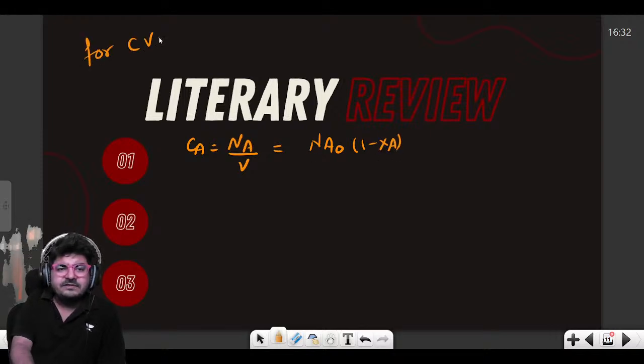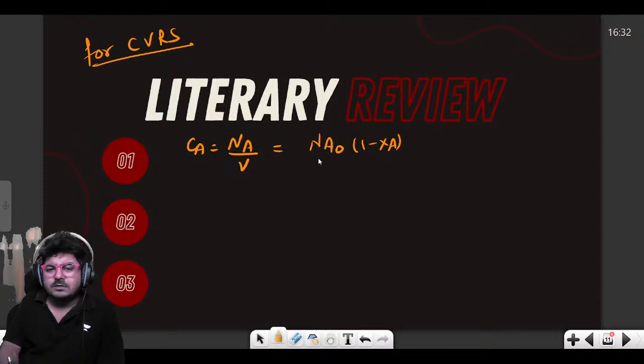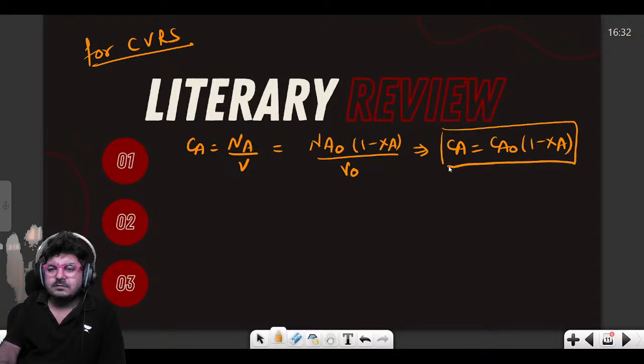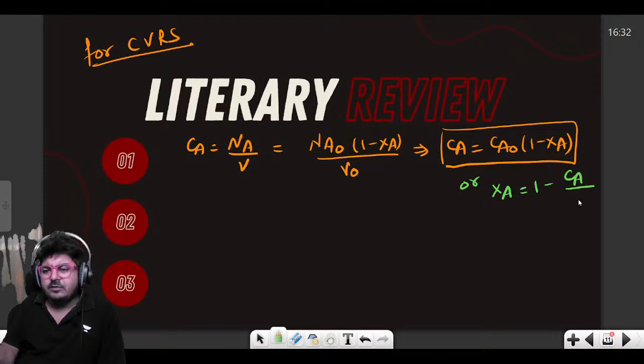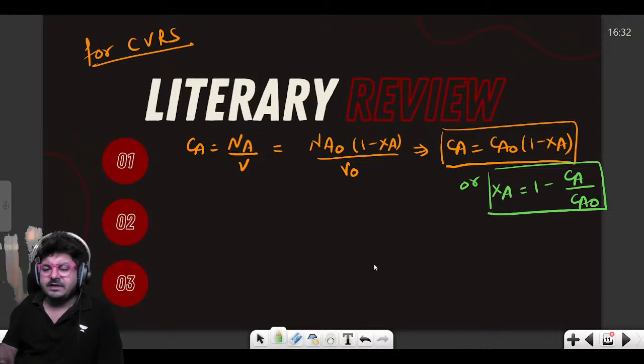We are talking about CVRS, so you know V can be written as V0. So from here, Ca equals Ca0 into (1 minus Xa). And you can also write it as Xa equal to 1 minus Ca over Ca0. Correct. So this is the thing.